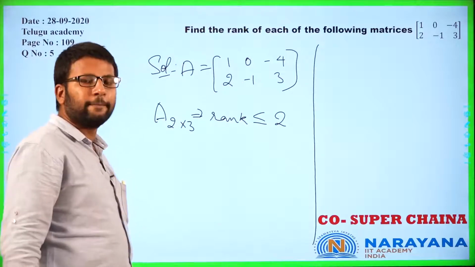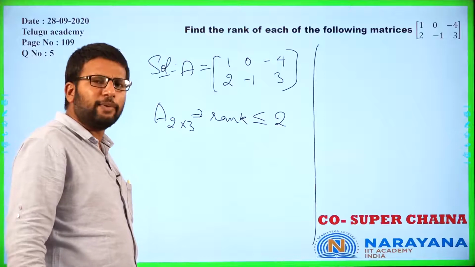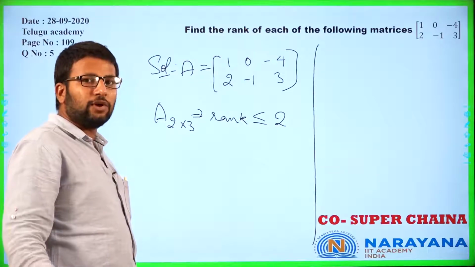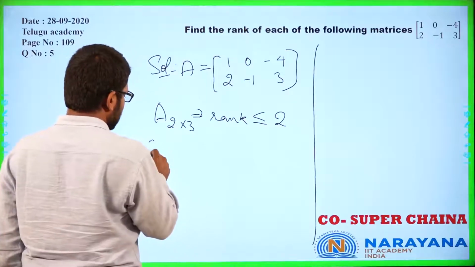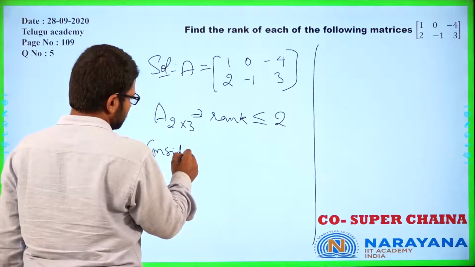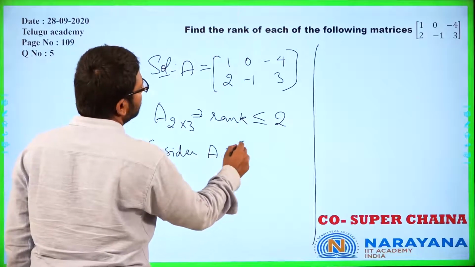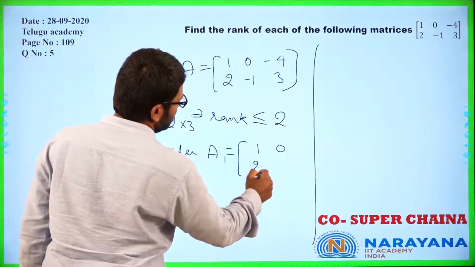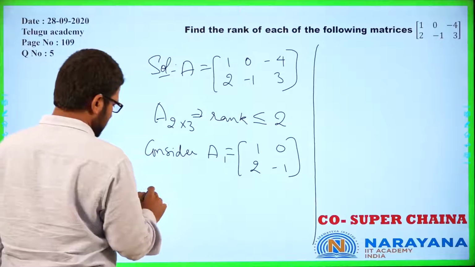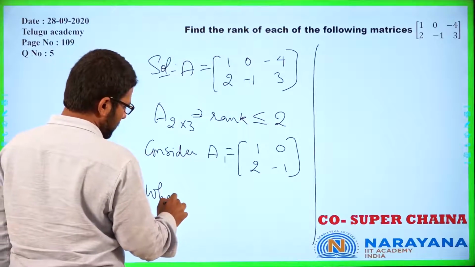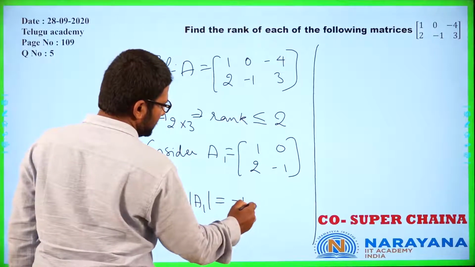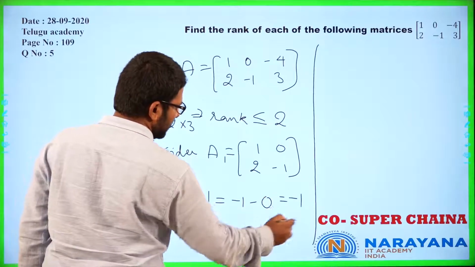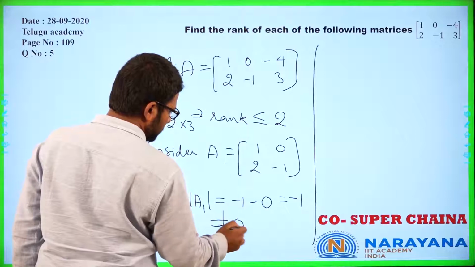So now I need to find some 2 by 2 submatrix which is non-singular, then the rank will become 2 only, right? So we will consider A1, which is 1, 0, 2, minus 1, where mod of A1 is minus 1 minus 0, which is minus 1, which is clearly non-zero, right?